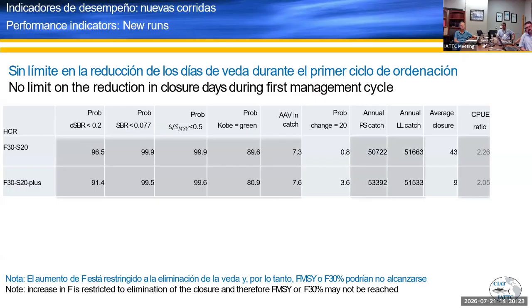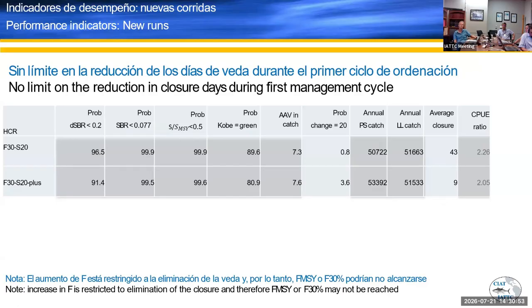And so the big difference really is the days of closure, right? So one has an average of 43 days because it takes so long to get to the equilibrium, and the other one gets straight there, so it only has a few days of closure. So that's really what we focused on, the days of closure.